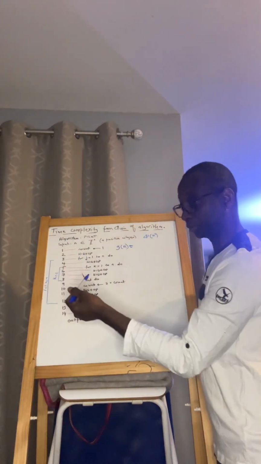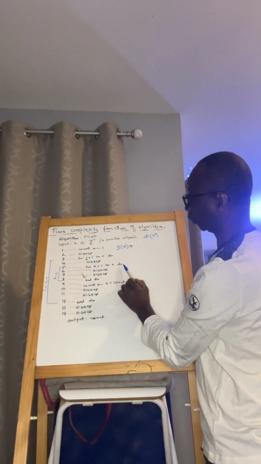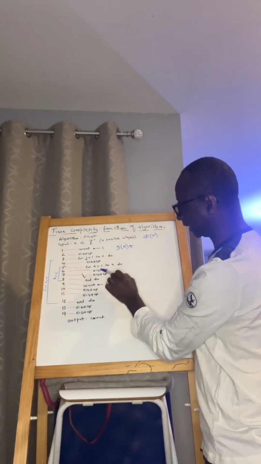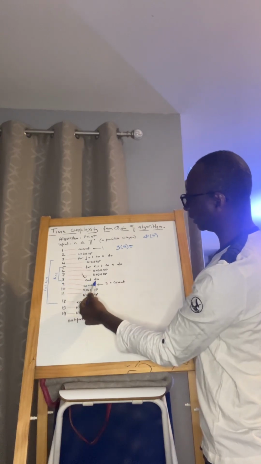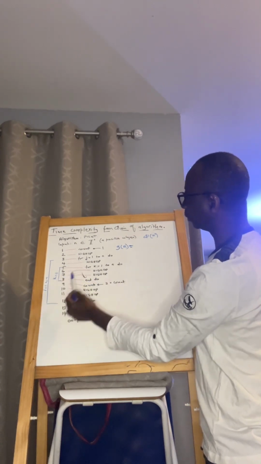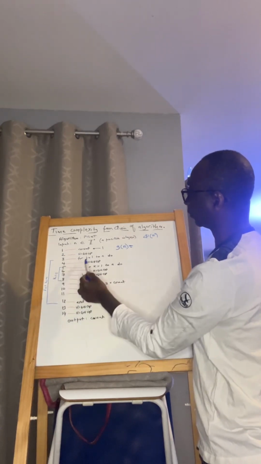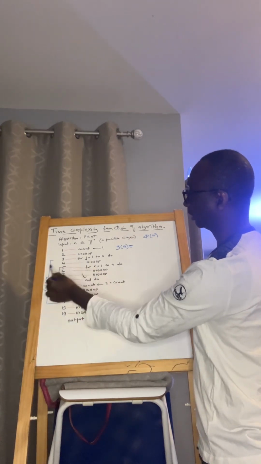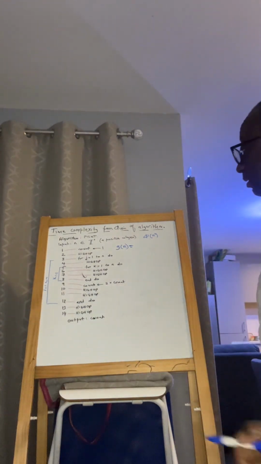There is an inner loop and an outer loop. For k equals 1 to n do, and it will do the same thing again, and it will end in line 8. So the inner loop starts from line 5 to line 8, while the outer loop starts from line 3 to line 12.